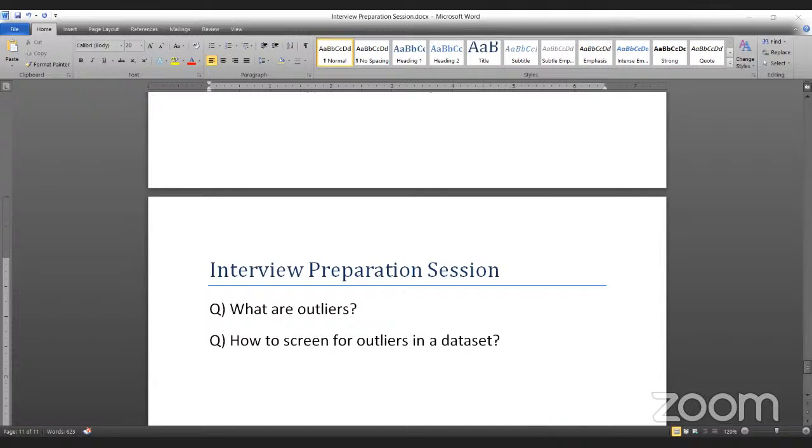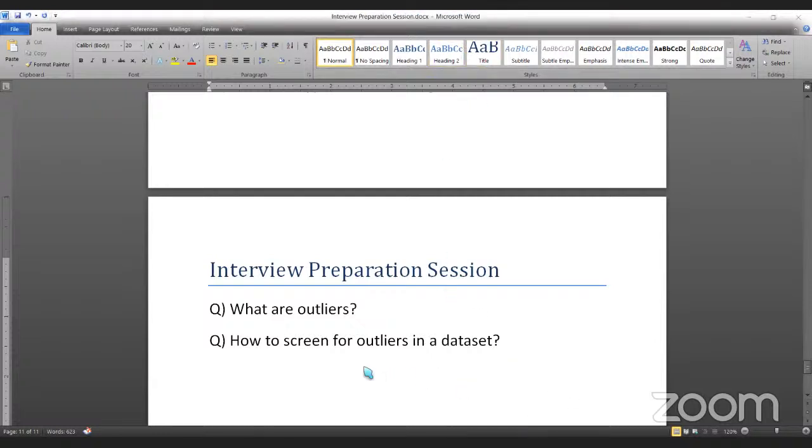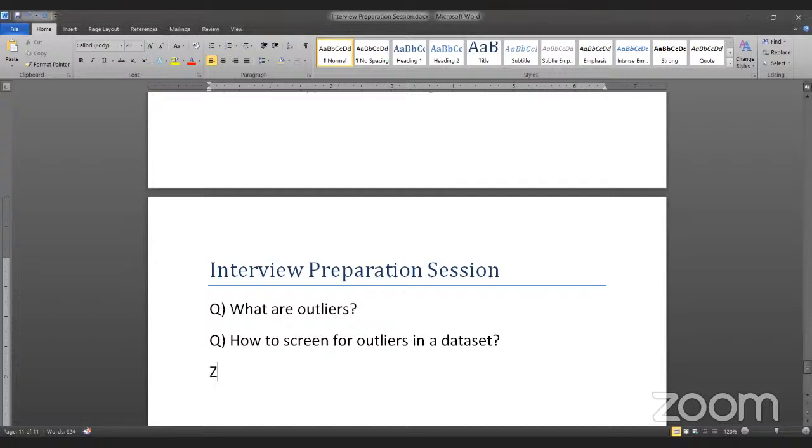There are many methods, out of which we'll discuss two of the main ones. One is the z-score method.